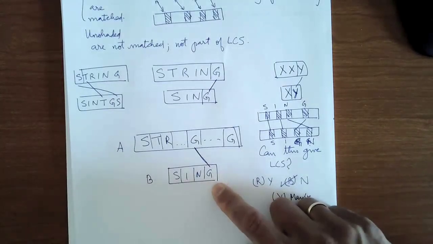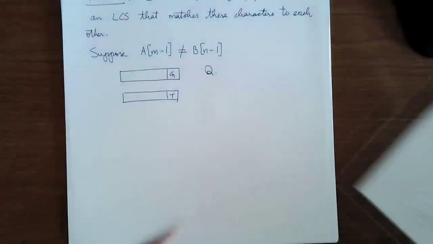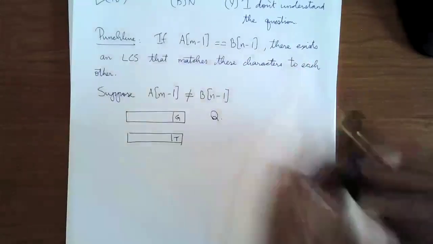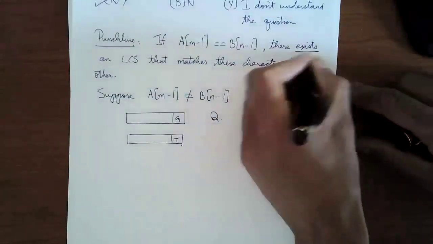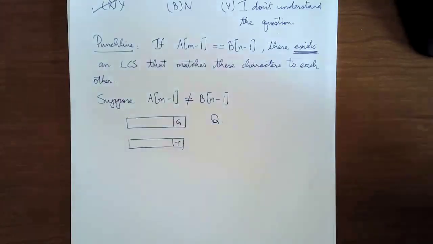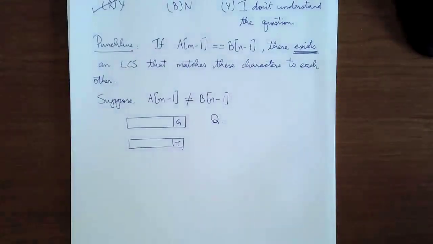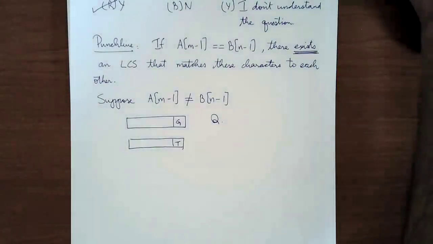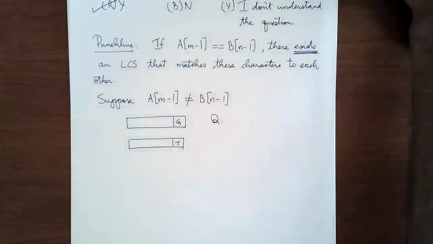I said there exists one that has this property. Does that clarify? Okay, yes. Good. As someone put in the chat, it just means that this is an available option.